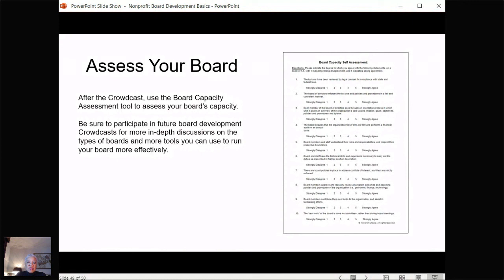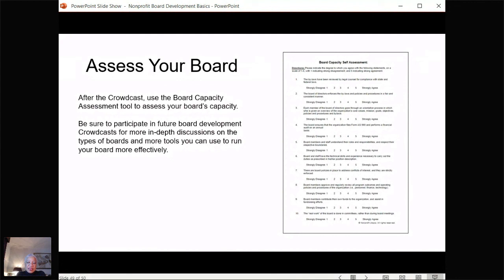So you want to do the assessment, and you want to find out how strong your board is in terms of best practices. You will rate yourself on a scale of 1 to 5 on a number of different items, and then you will count the number of scores you get, count the number of 5s, number of 4s, and all that good stuff.